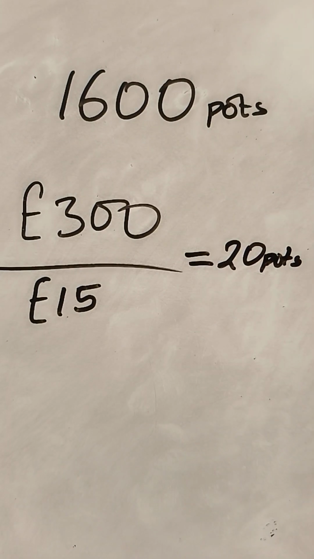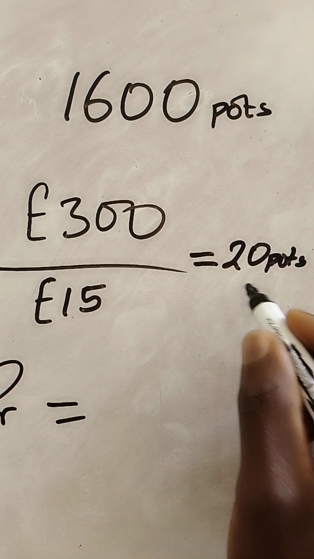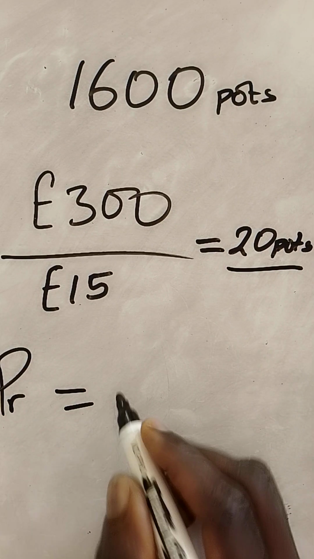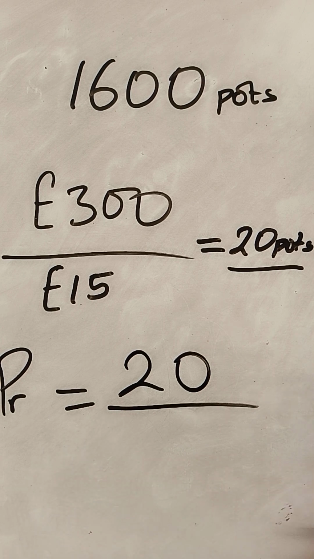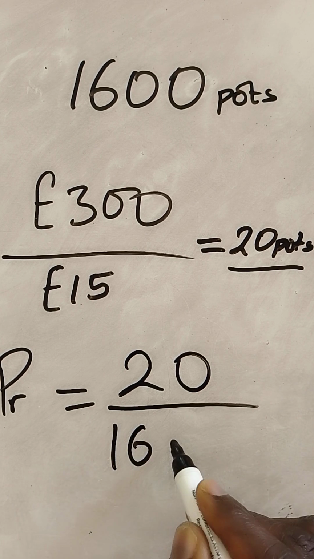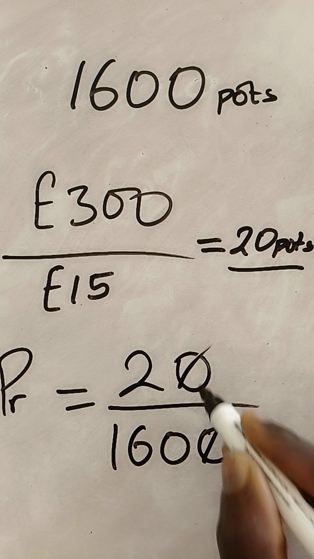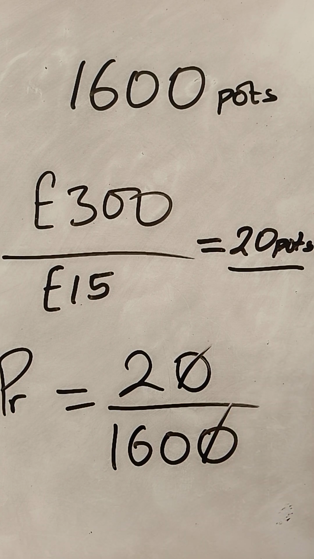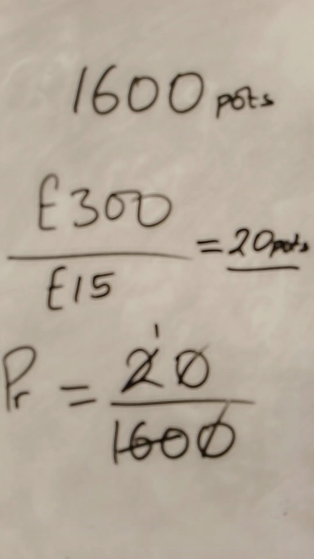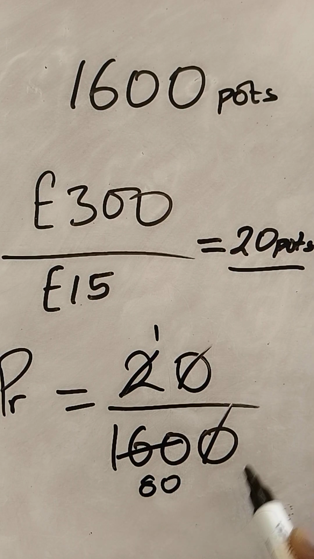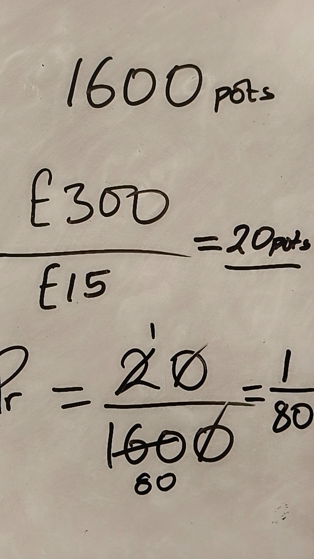Now for us to determine the probability that he bought the damaged pot, it would be the number of ways he has, which is 20, divided by the total number of possible outcomes, 1,600. When you divide that, since we have a 0, the 0 can cancel, and 160 divided by 2 gives 80. And so we have 1 over 80.